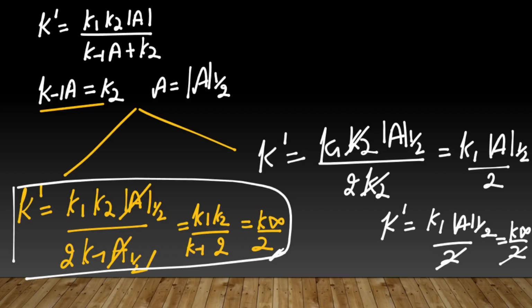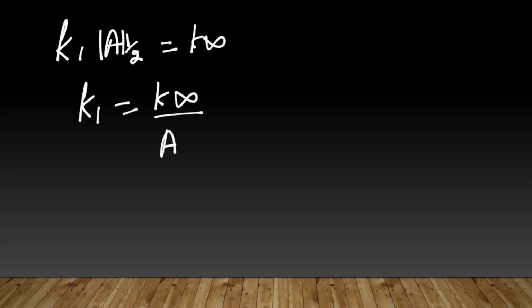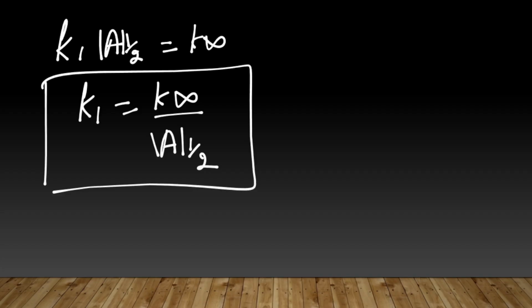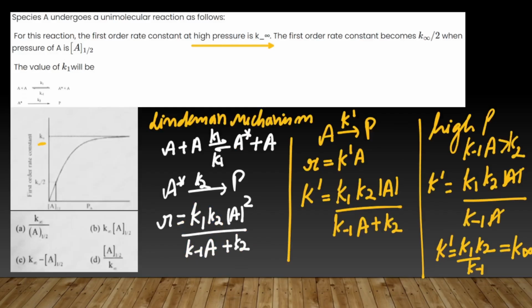So from here the K1 value we can get: K1 into A half is equal to your K infinity. That means the K1 value is K infinity by A half. So this is the rate constant K1 value. This is what was being asked, and it is in option A that is given to us.